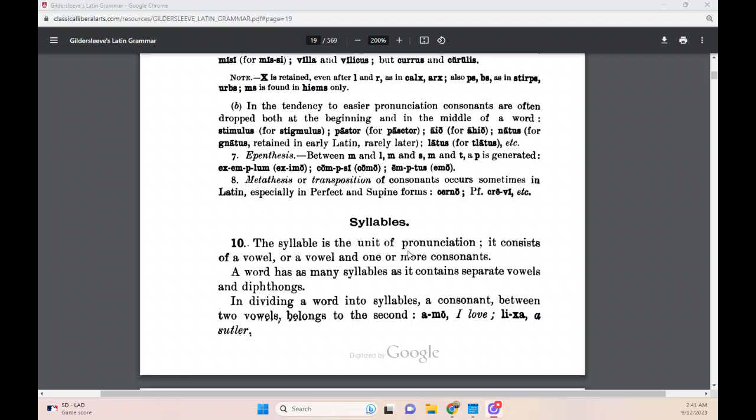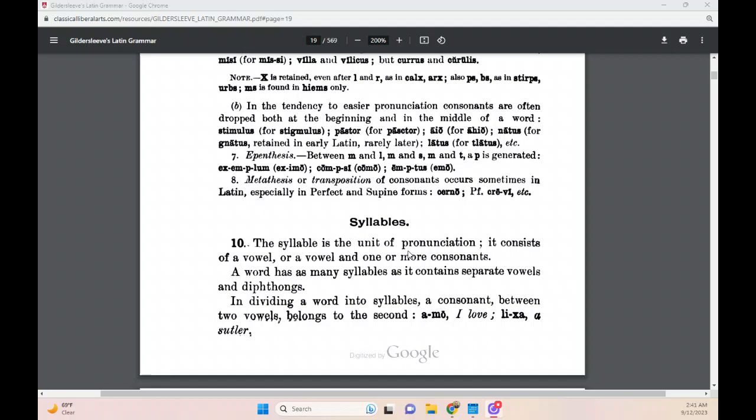When we come to the study of a classical language, it's important for us to understand how to identify syllables, not only because they help us to pronounce words clearly, but they also help us to identify things like breathings and accent marks and other important points of grammar that we need to pay attention to.